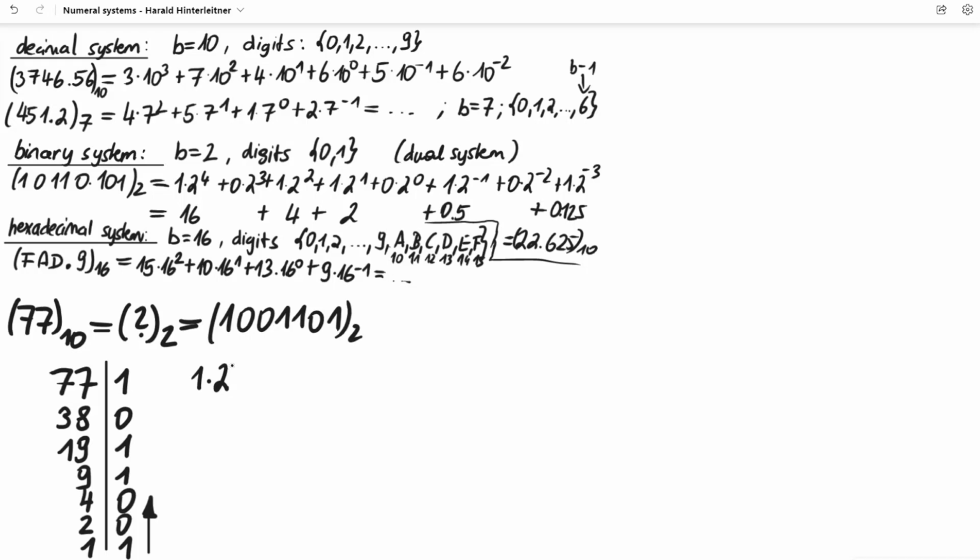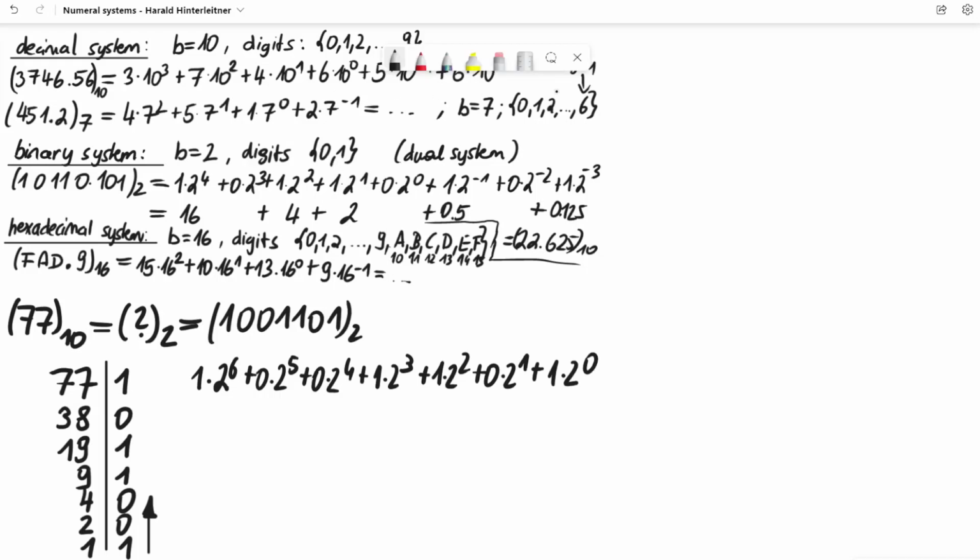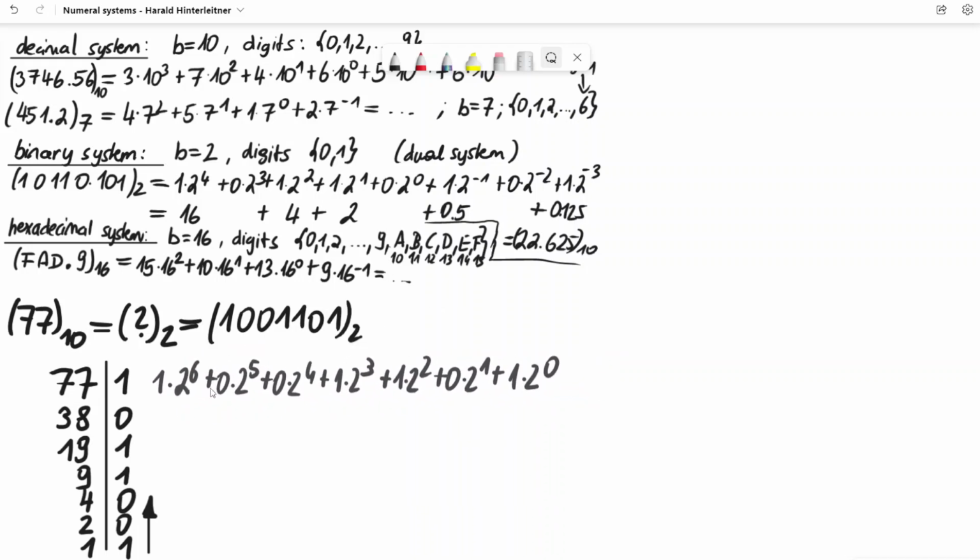We convert it back to decimal. So this is the number 77. So what did we do actually? So I just shifted a bit to the left.